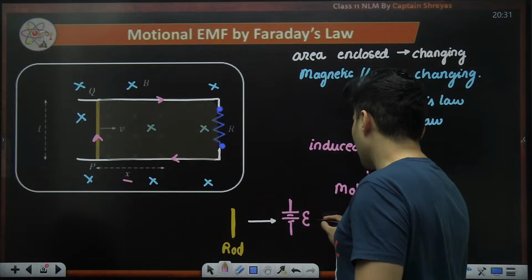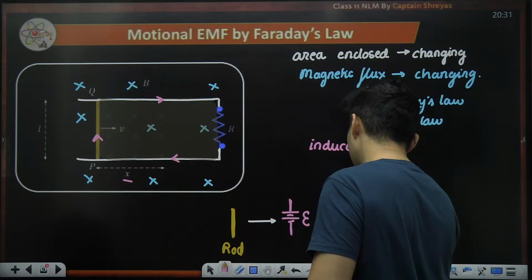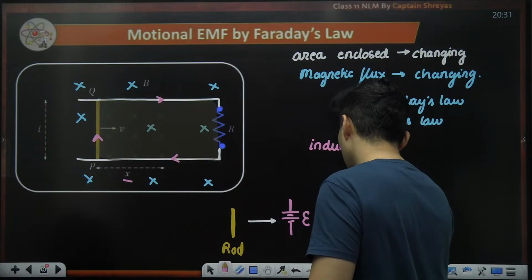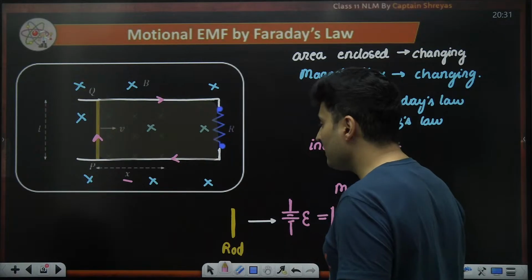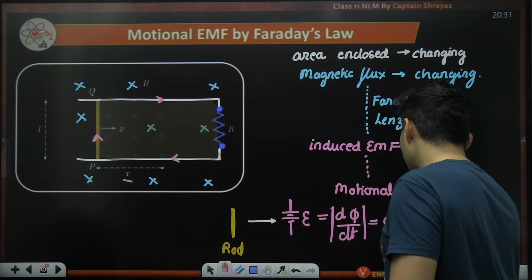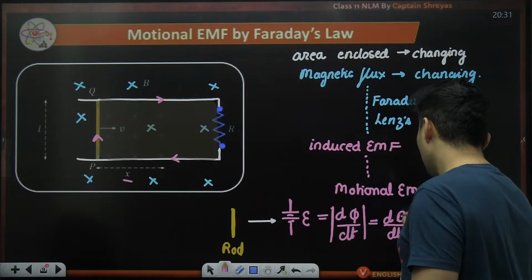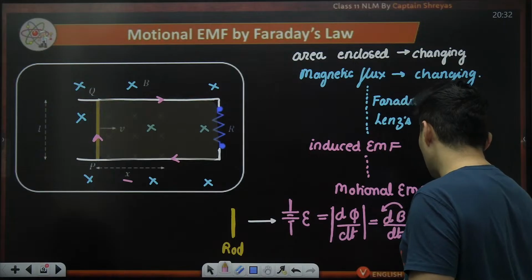This EMF can be found using your principle of d phi by dt, magnitude wise. We can use Faraday's law, we can use d phi by dt and easily get it. It's not a big deal because flux is nothing but B A, that's it. But magnetic field is constant, so bring it outside.